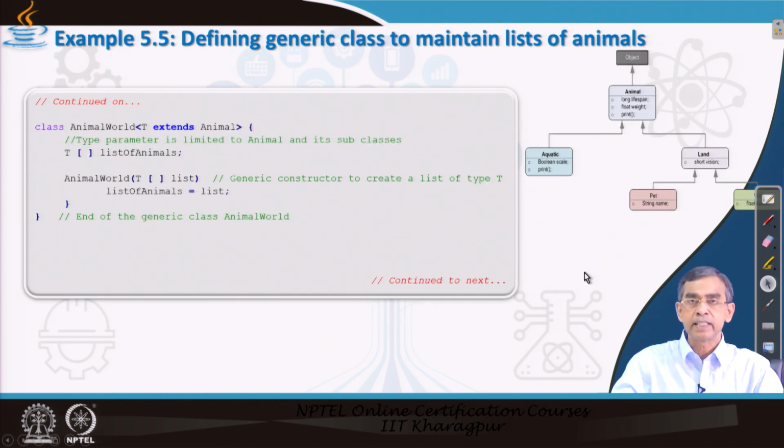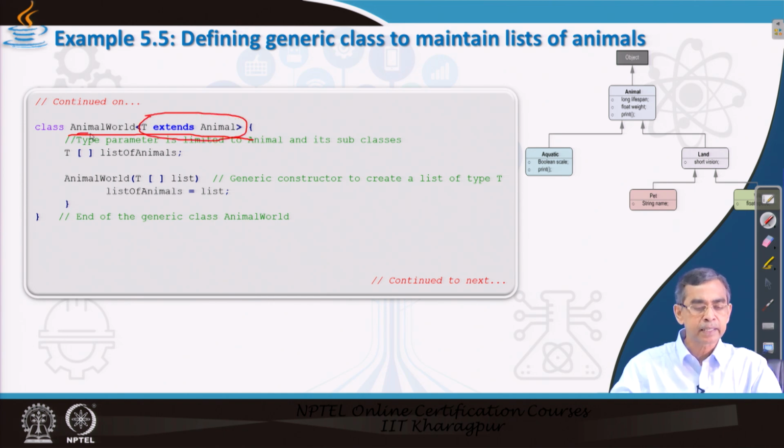So, this is the one program that we are going to declare using our generic programming concept. The class that we are going to declare is called the AnimalWorld class, and generically with an upper bound argument, this class has the scope of this class as well as any subclass of it. These are the basic concepts of declaring a generic class.